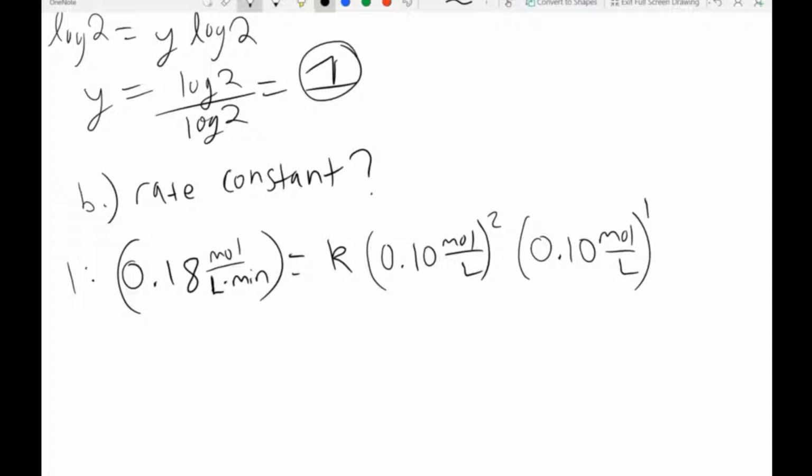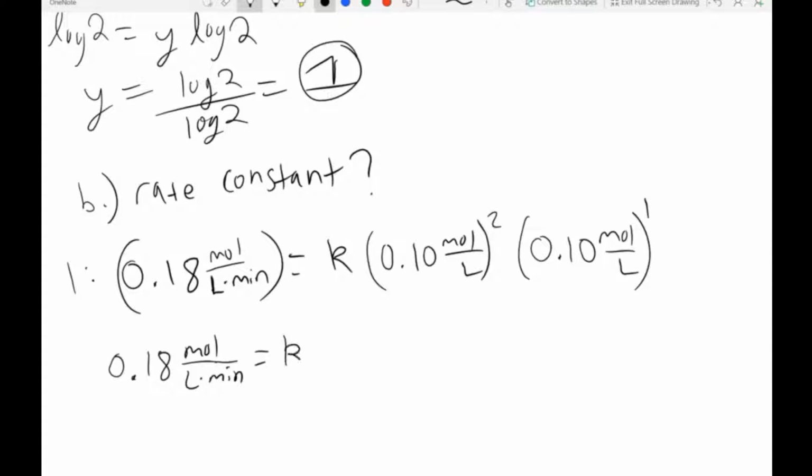So now if you were to go ahead and work this out, the left side would still be 0.18 moles over liters times minutes.